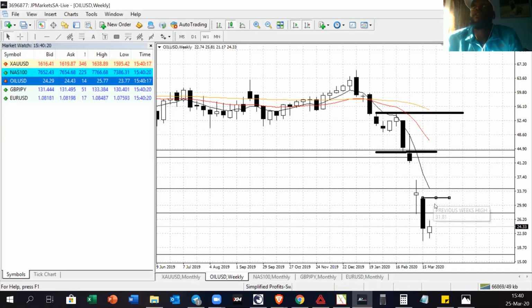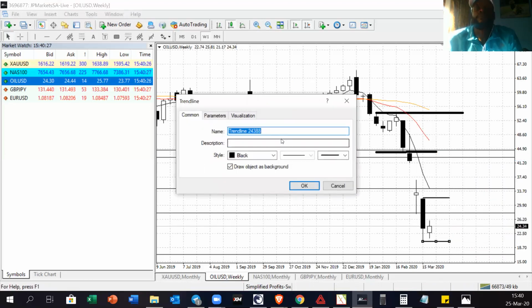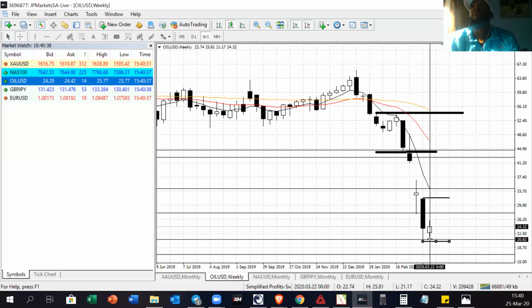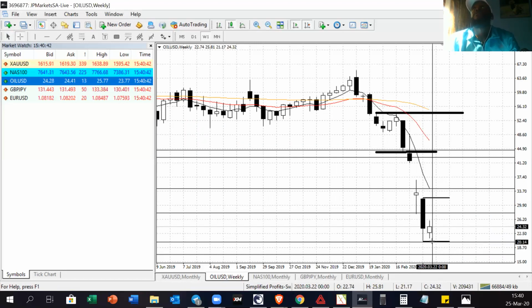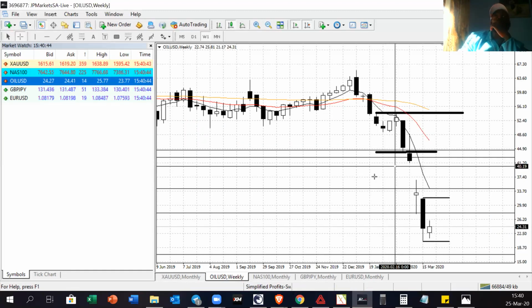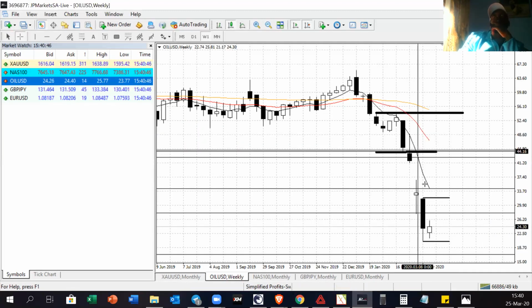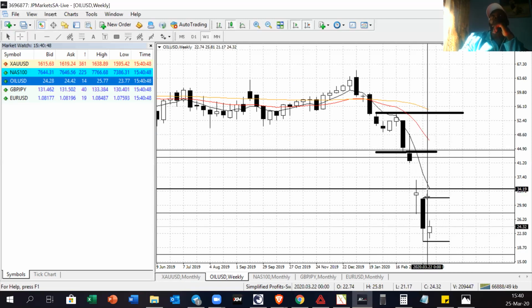And the previous week's low was, check it out, previous week's low was about 20 bucks. So we got about a $12 range going on here. And the ATMA is almost near the 32 level.